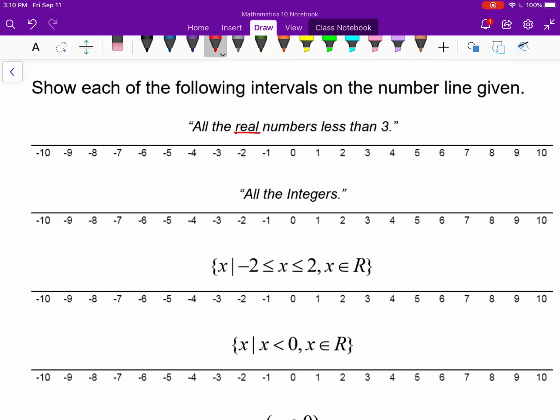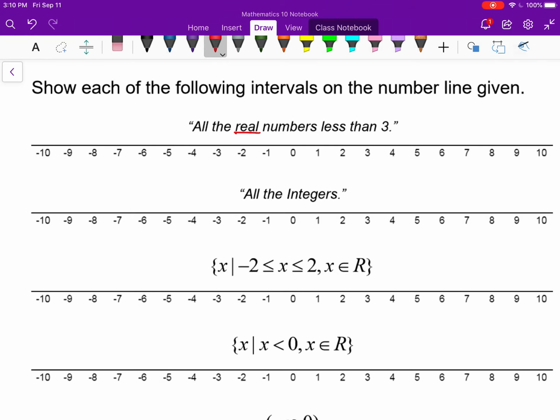I mean, there actually are things called imaginary numbers that are not real, and we don't talk about them in high school. So essentially, every time you see the phrase real numbers, you can just think all numbers, any number you can think of, fractions, decimals, whole numbers, and negatives, anything. So all the real numbers less than 3 means all the numbers that exist that are less than 3 but not actually equal to 3.